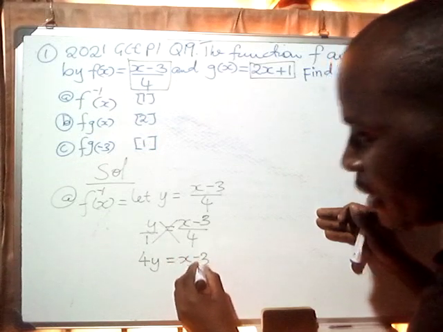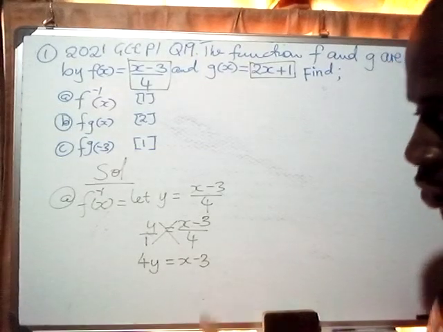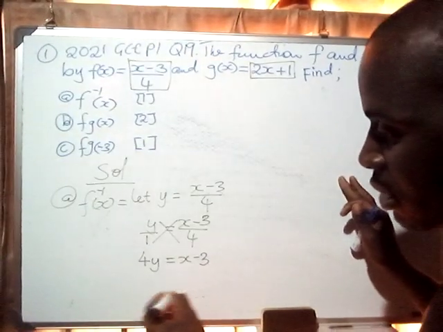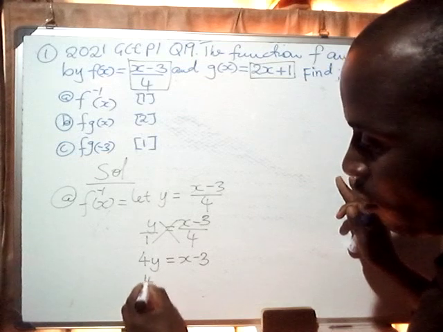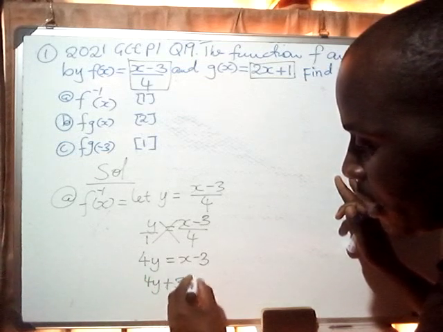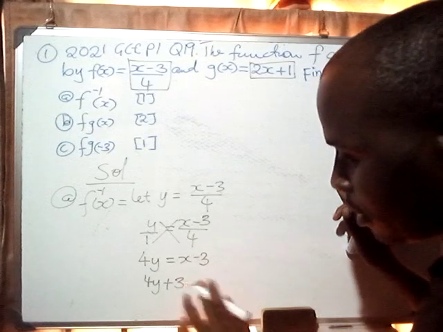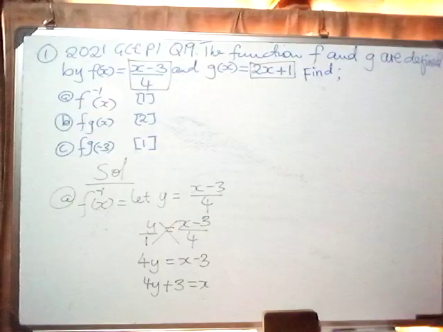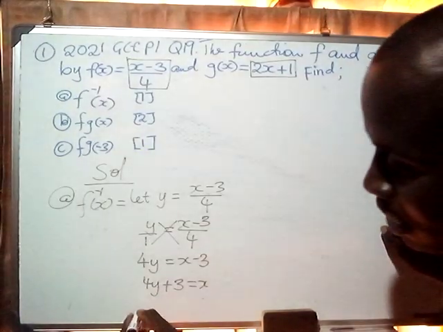x minus 3. Now, we want to make x the subject of the formula. We are going to say 4y plus 3 is equal to x. X now has become the subject of the formula.